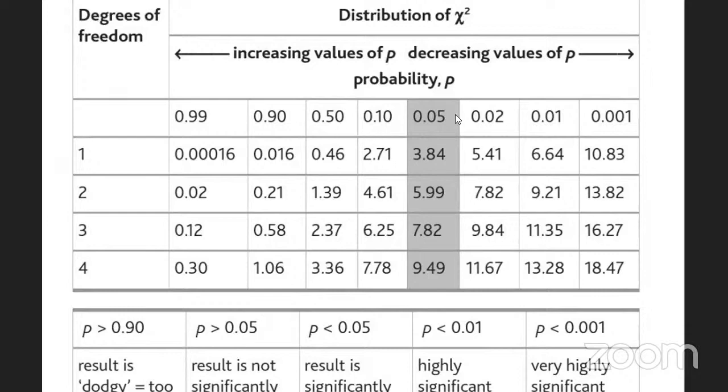How do we use this table? The first column here is the degree of freedom, so you have 1, 2, 3, 4. I will show you how to get the degree of freedom.